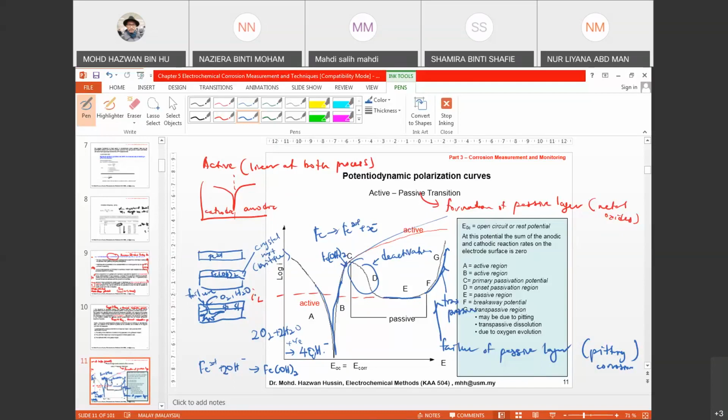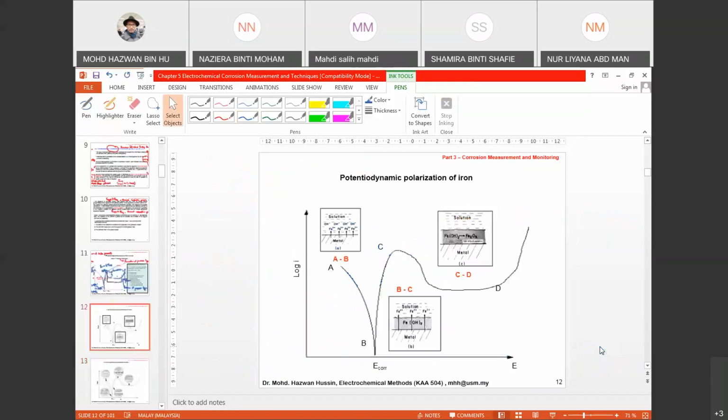So when it cracks, it promotes oxygen and water to penetrate again. Now the corrosion occurs underneath the passive layer. That is why suddenly you have a sudden increase in current density, because there's an active process occurring again. This is where the pitting happens. Any other question? I hope it's clear to everyone.